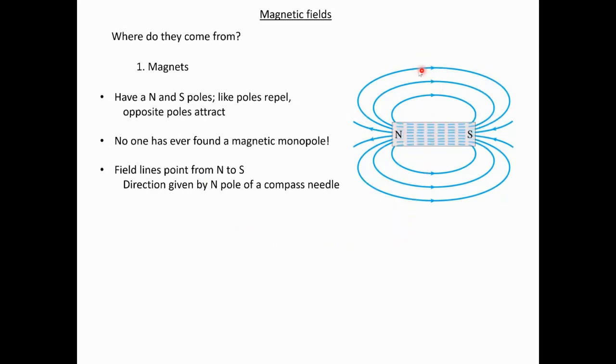The direction of the magnetic field lines is given by, if you can imagine, putting a little tiny compass there and seeing which way the north would point. So outside of the magnet, the compass would point towards the south pole of it. The north pole of the compass would be attracted to the south pole of the magnet.